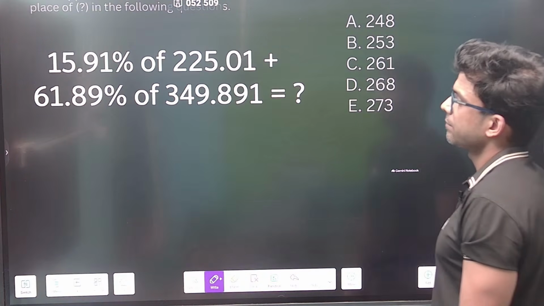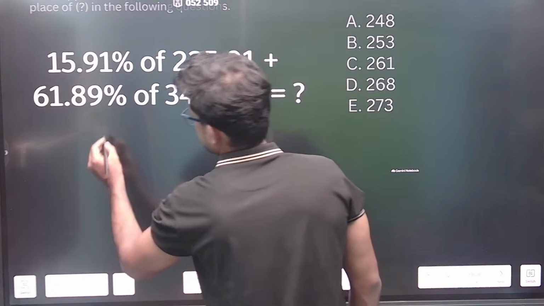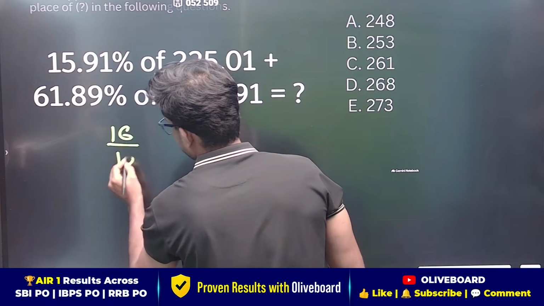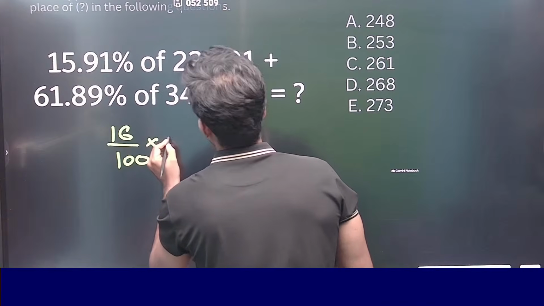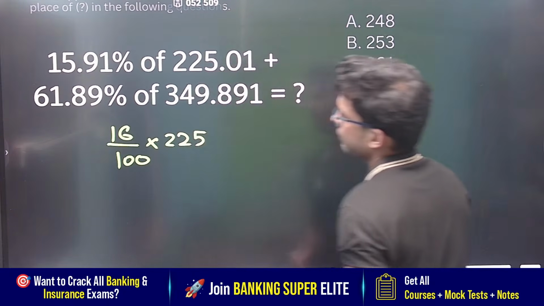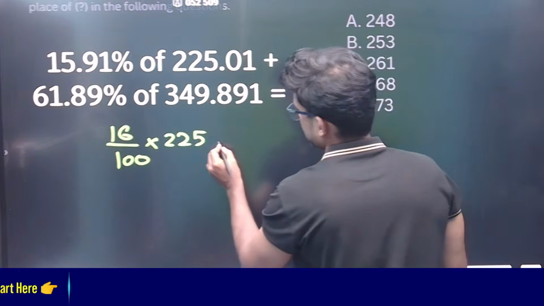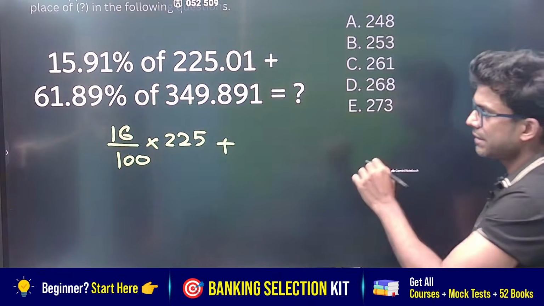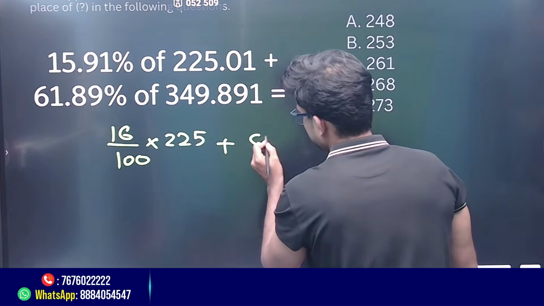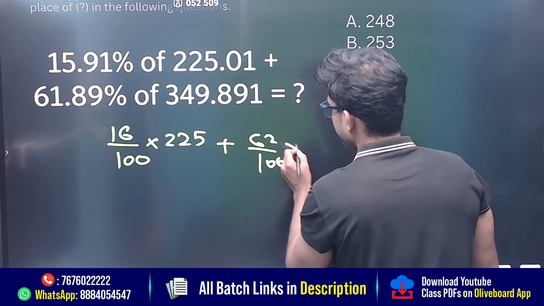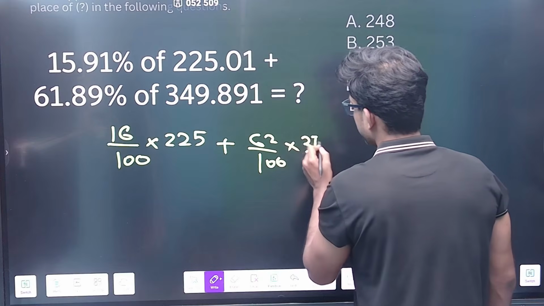Okay, let me try. This is 16 by 100 multiplied by 225 first, plus 61%. 61.89 would be 62, multiplied by 100 of 350.